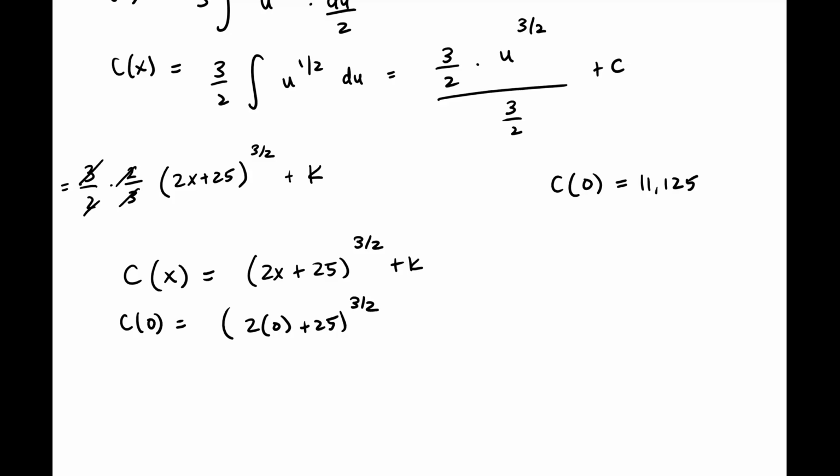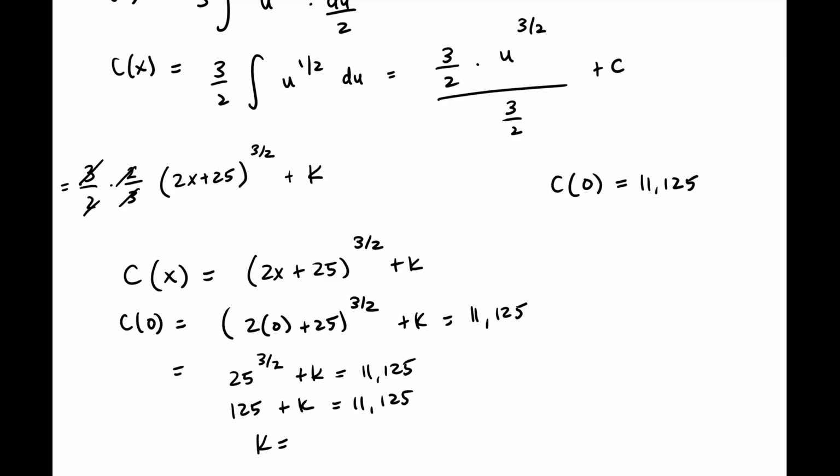So if we plug in 0 into our function, the output will be 11,125, and that's going to simplify to 25 to the 3/2 power plus k is equal to 11,125, and 25 to the 3/2 power is 125. And then if you solve that for k, you get k equals 11,000.